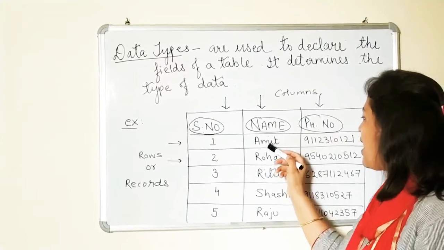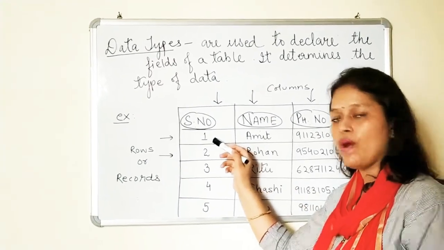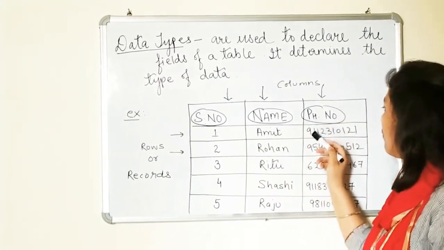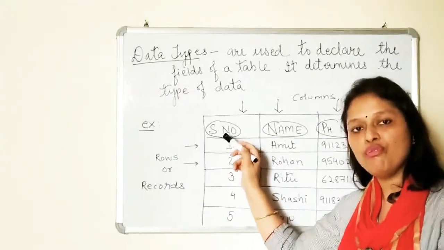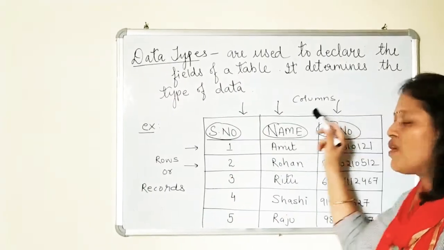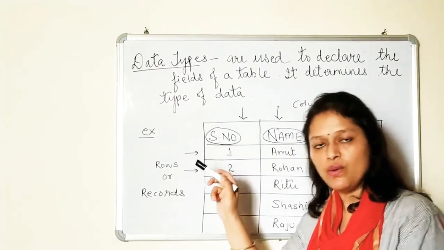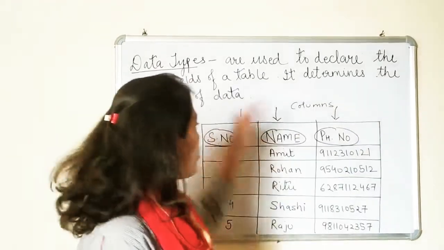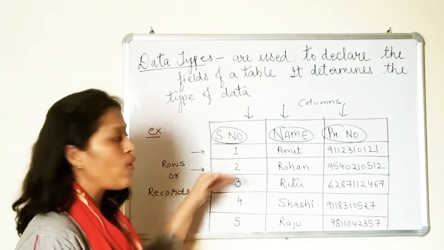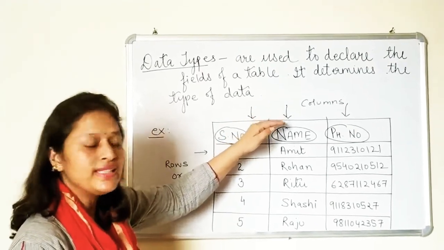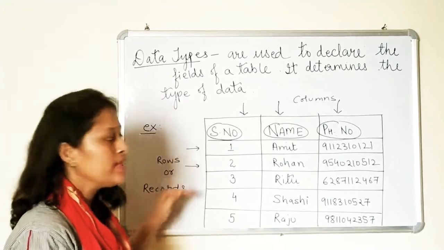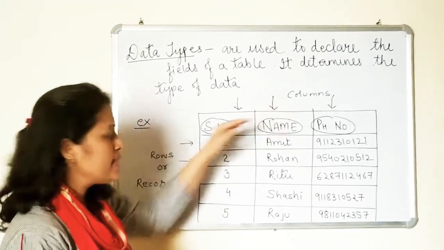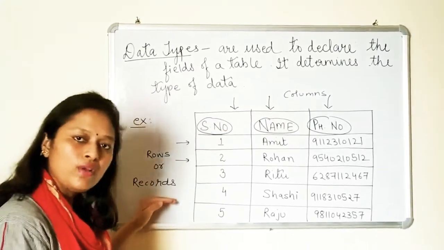Amit has serial number 1, name Amit and phone number this one. So this record has all the fields. A collection of records makes a database. Okay, now you understood what are columns, what are rows and records. Columns are known as fields, while rows are termed as records.